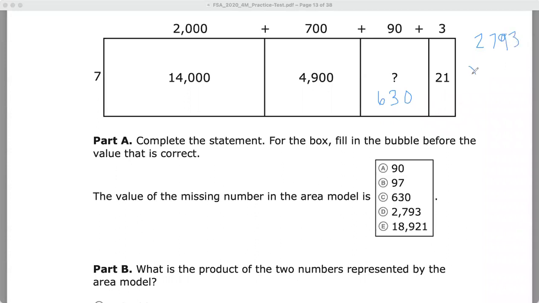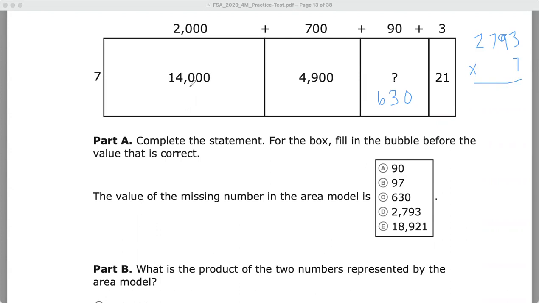And we're saying this times 7. The point of breaking it up with the area model is so you don't have to do multiplication this way. It can be easier for some people.